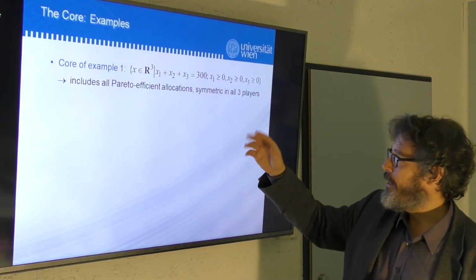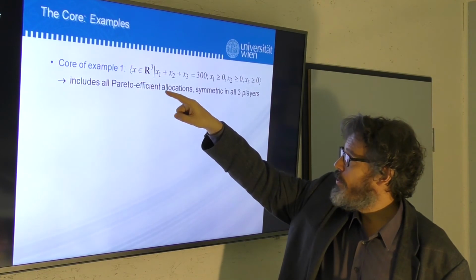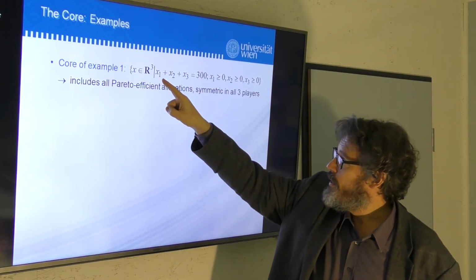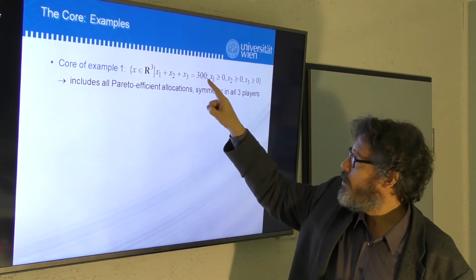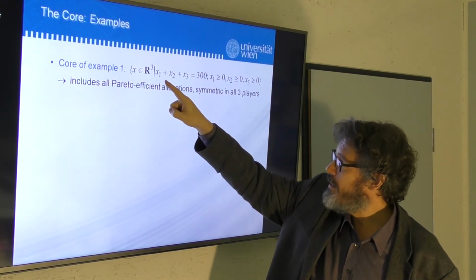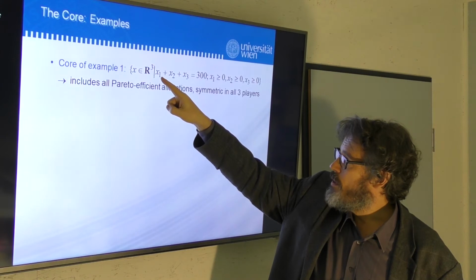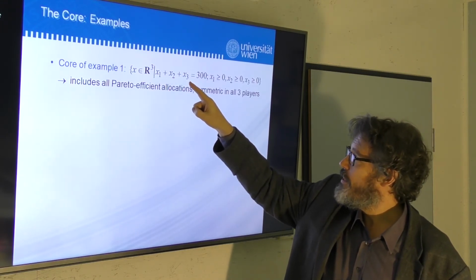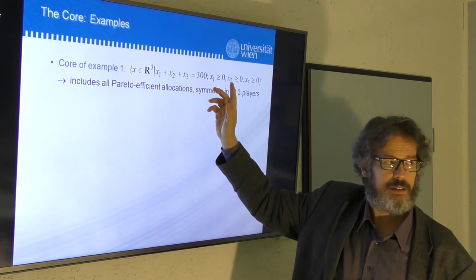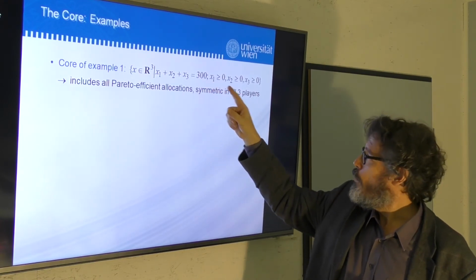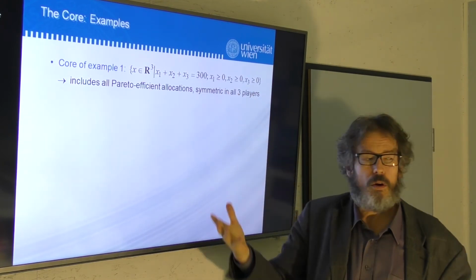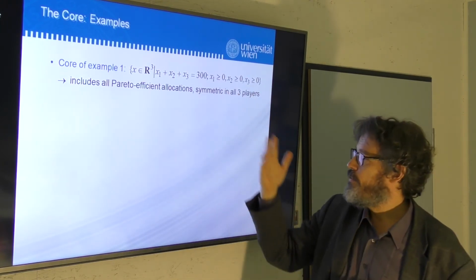Well, apparently, a requirement for this core is that it is Pareto efficient, so this means that all these $300 are distributed, so x1, the component of allocation vector x for the first player, plus x2 plus x3 has to equal 300. And of course, all this allocation should be non-negative, but that's already everything we have to say.